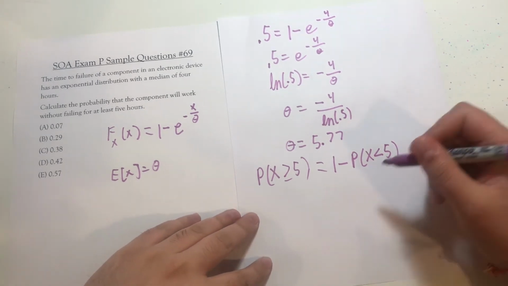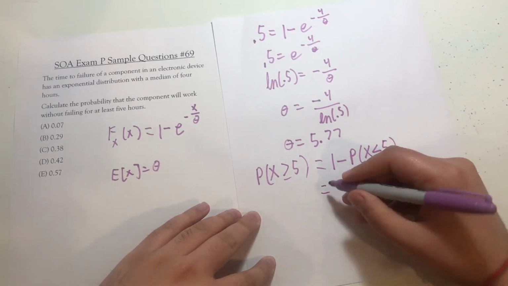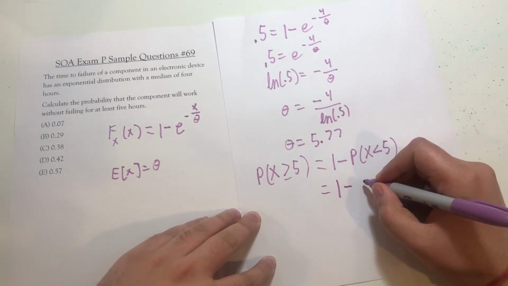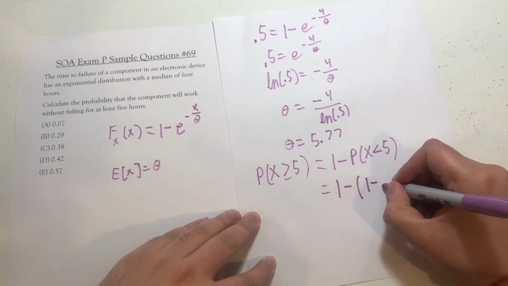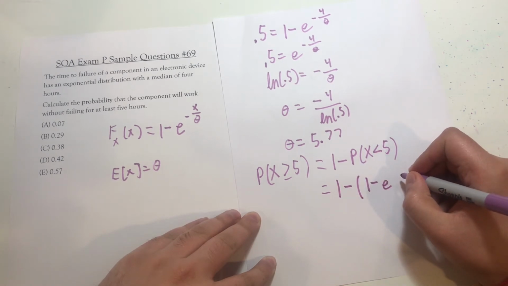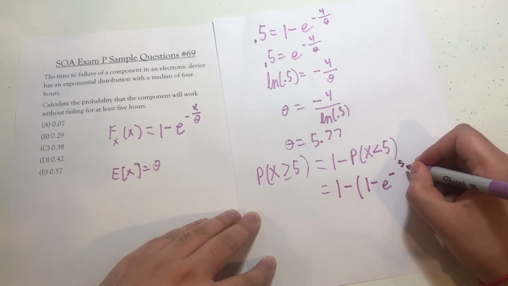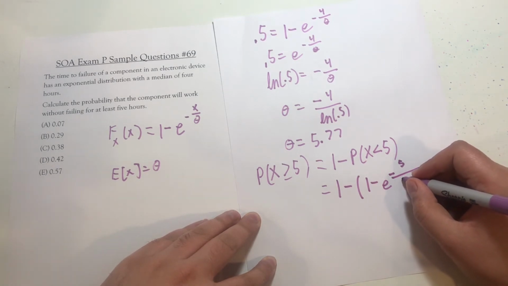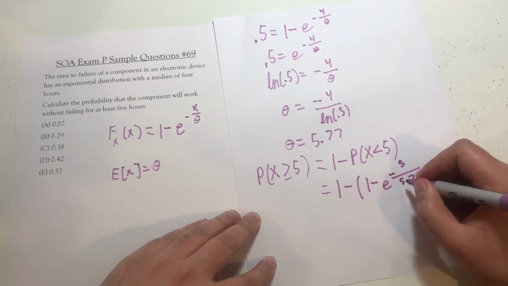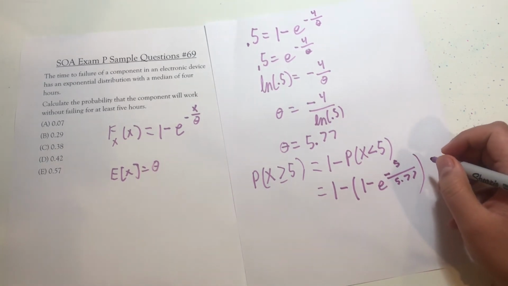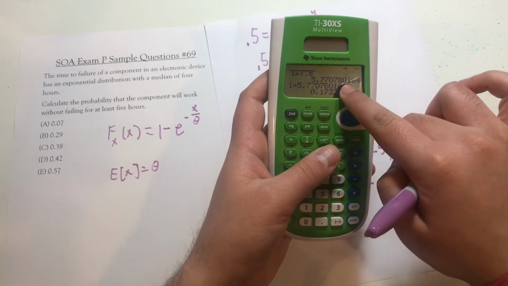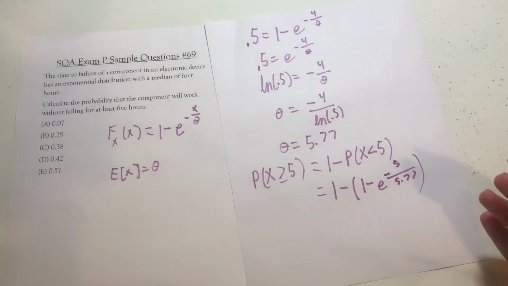So let me plug that in, because this is a CDF. 1 minus, in parentheses, 1 minus e raised to the negative 5 divided by 5.77. I'm just writing 5.77, but I have the longer number, 5.7708, stored in my calculator. That's the number that I'm actually going to use.